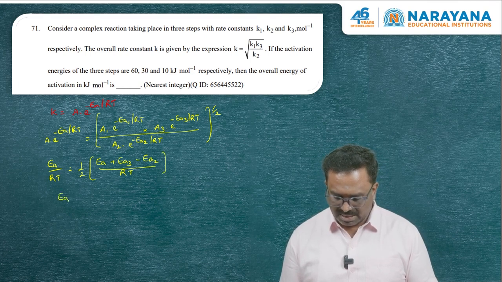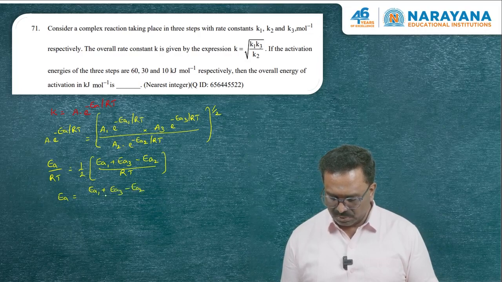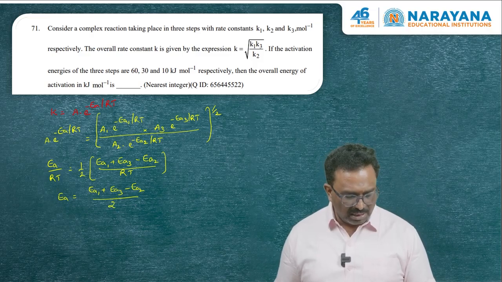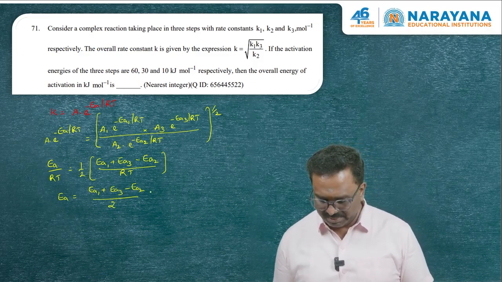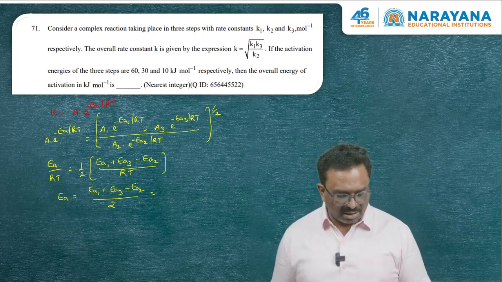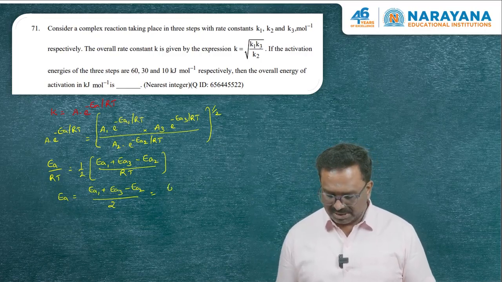So this is EA is equal to (EA1 plus EA3 minus EA2) by 2. Now here let us substitute the values given. What is the value given? Activation energies are respectively 60 plus 10 minus 30 by 2.